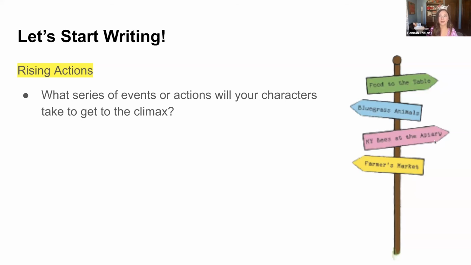And then their last stop is the farmer's market. And then that climax is they learn what Kentucky Proud is, which is kind of the problem in the beginning. So what are those events or series of actions that are going to take place between your beginning and your climax? That'll be something you all can work through.